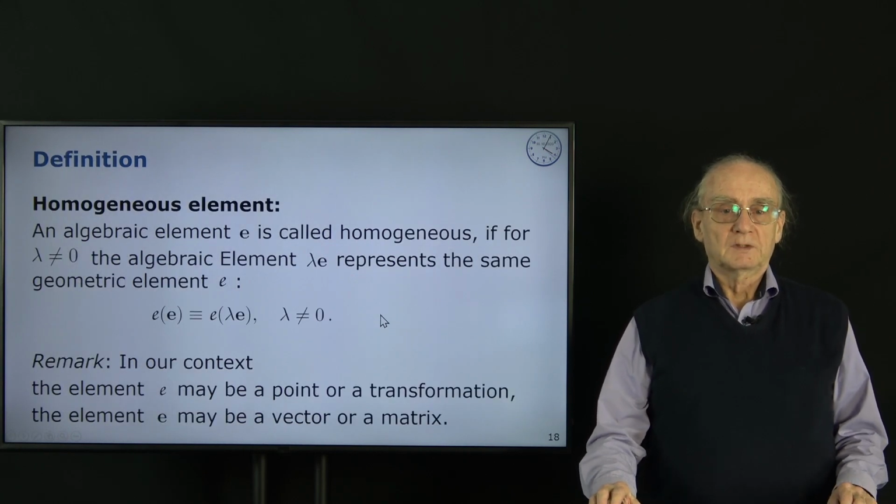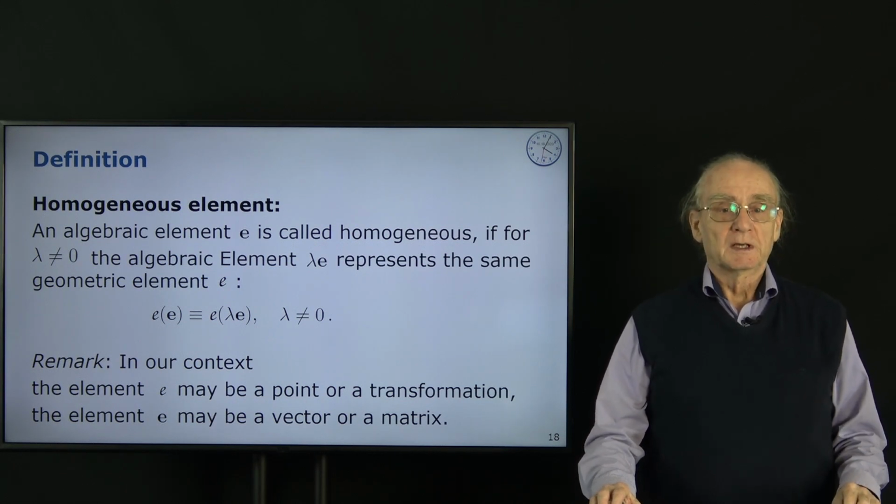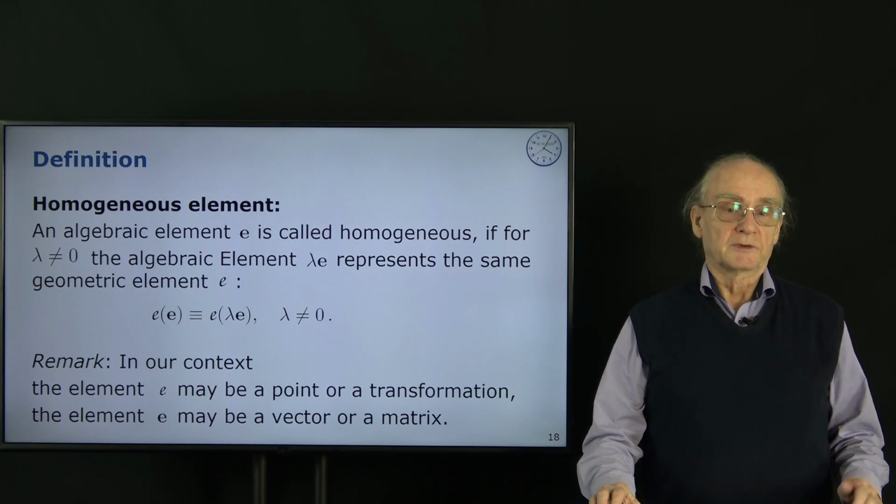So, what is a homogeneous element? An algebraic element, a point, vector or a matrix, is called homogeneous if for some factor lambda, the algebraic element lambda times this vector or matrix represents the same geometric element.